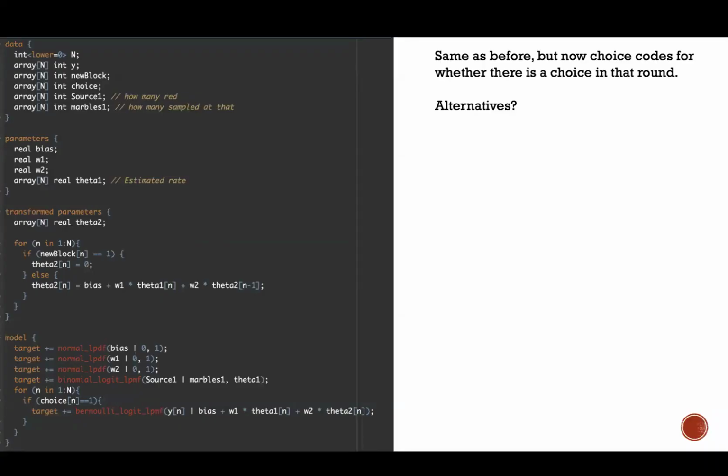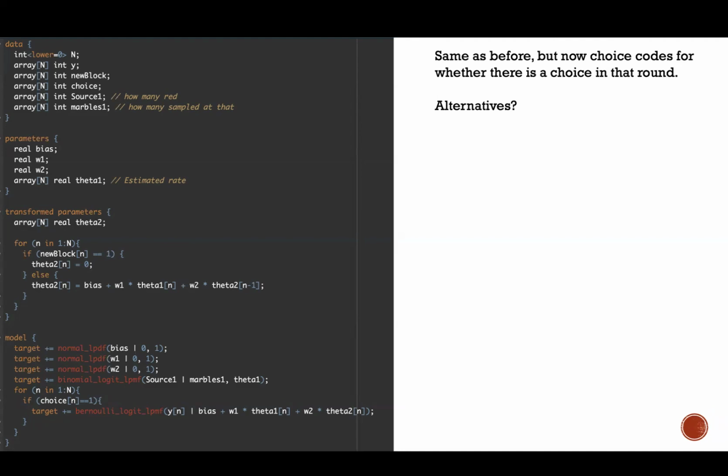So it's the same as before, but now we are looping through every row of the data set, and only if the choice is equal to 1, meaning we're not keeping on sampling but we're making a choice. That's a new variable. 0, keep on sampling. 1, now I want to bet.